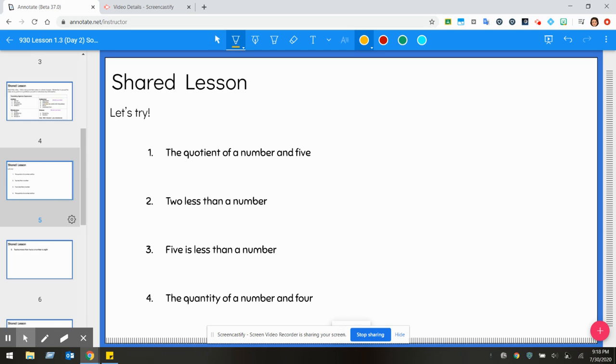So let's try some of these. We're going to read these words and translate them into math expressions. First one: the quotient of a number and 5. Big thing here, quotient. That means division. Remember with division, order matters.